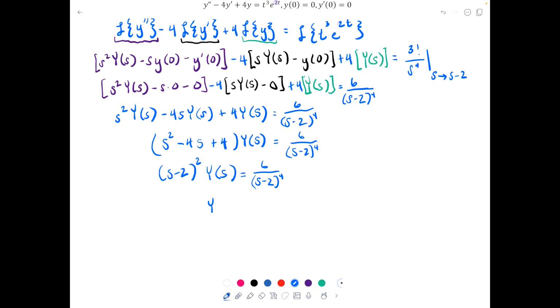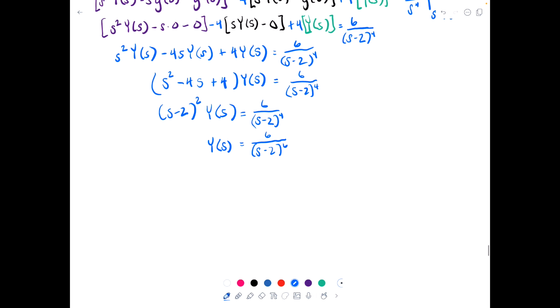So isolating y at s, we'll have 6 over s minus 2 to the sixth power.